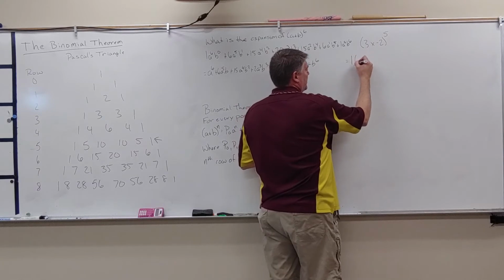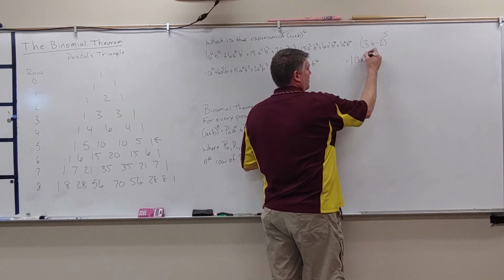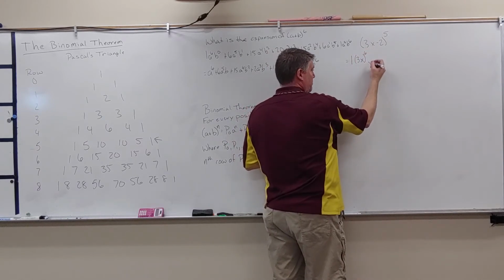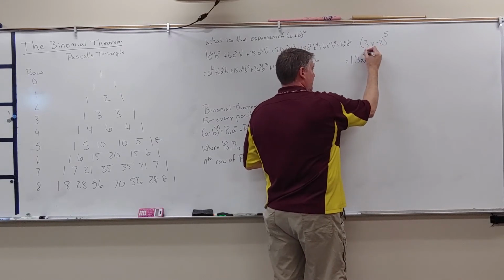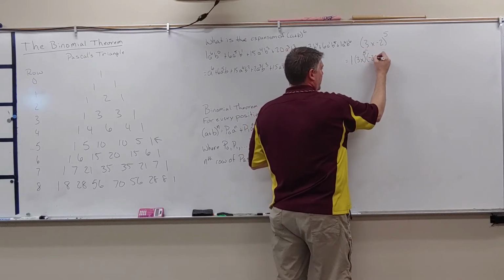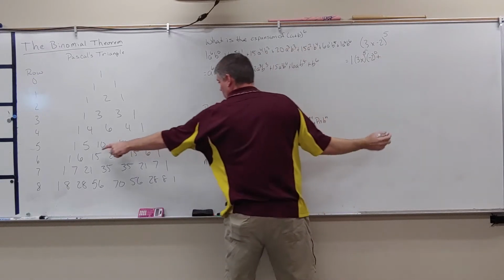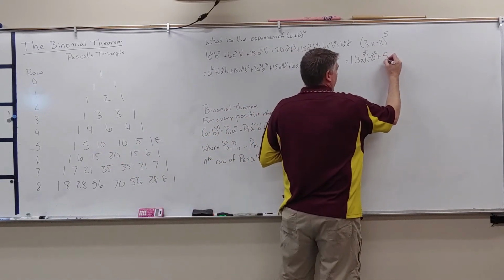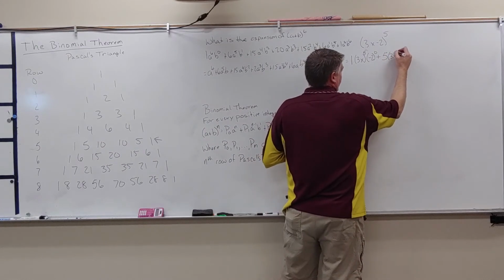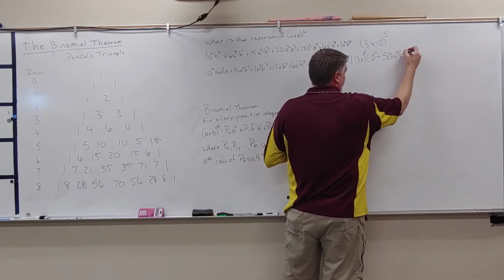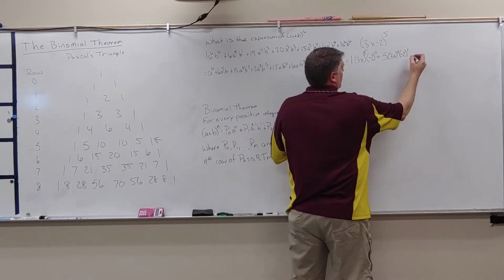So now this becomes 3x to the fifth power, negative 2 to the 0th power. Plus, my next one is 5, 3x to the fourth power, negative 2 to the first power.